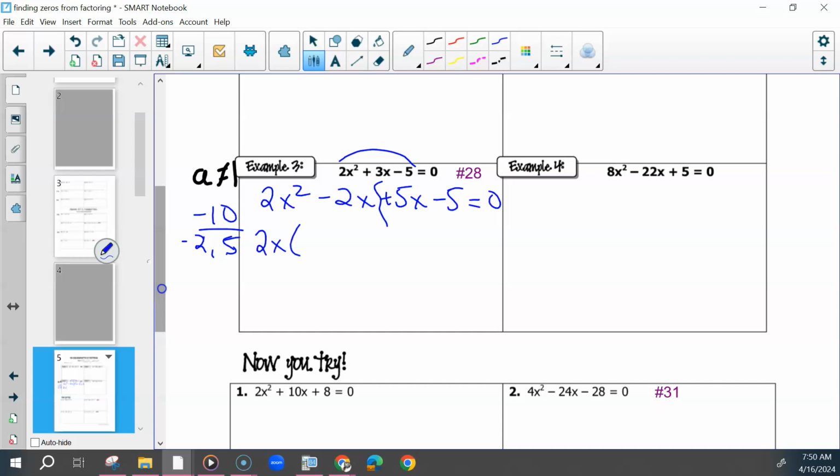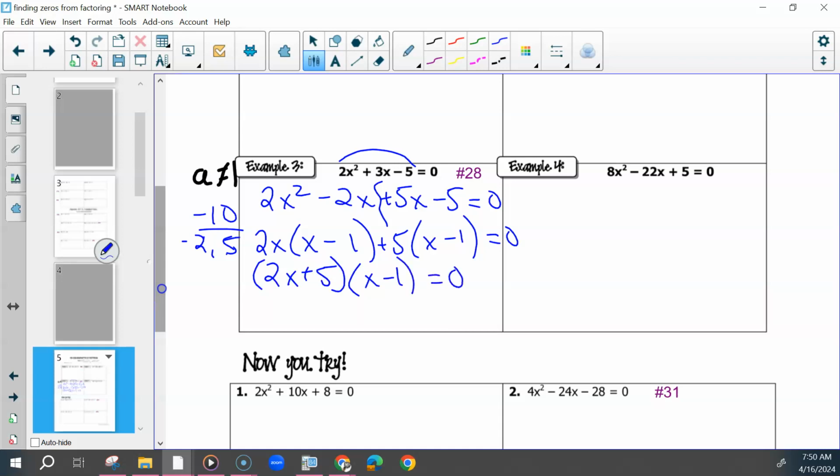What would be left? Minus 1. What can we divide out of the last two? 5. Positive 5. Leaving x minus 1. Rewrite those into your final factors, 2x plus 5 and x minus 1.